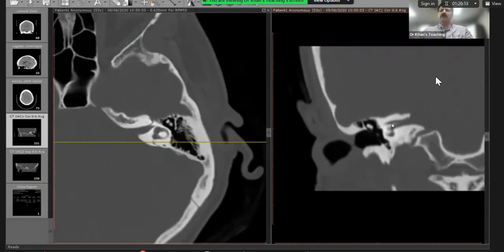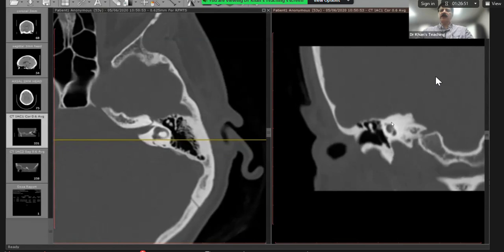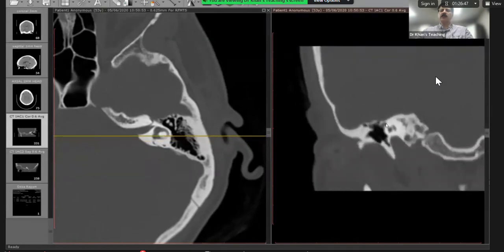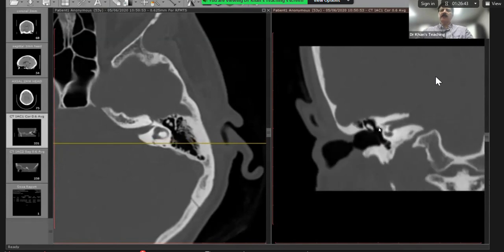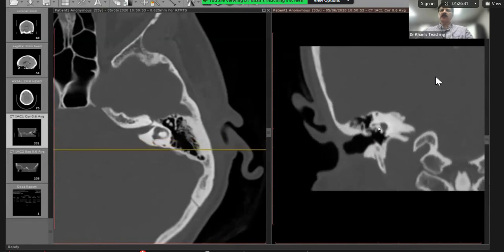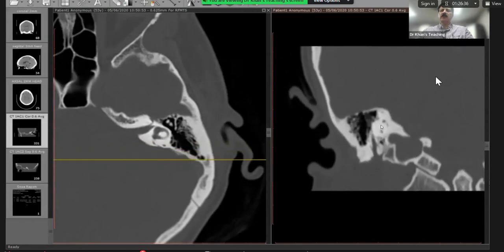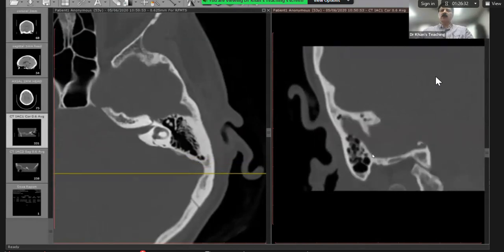The facial nerve is coming from here. This is the labyrinthine portion, the geniculate ganglion, and then the tympanic portion, which passes underneath the lateral semicircular canal. And this is the descending portion.